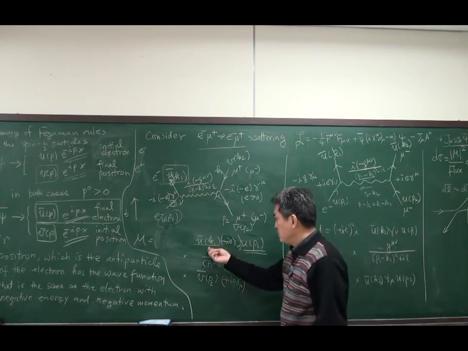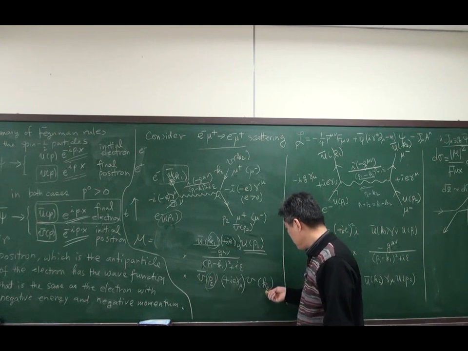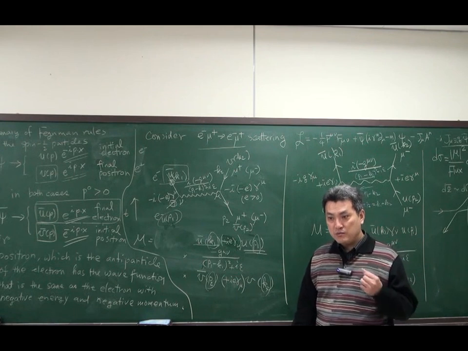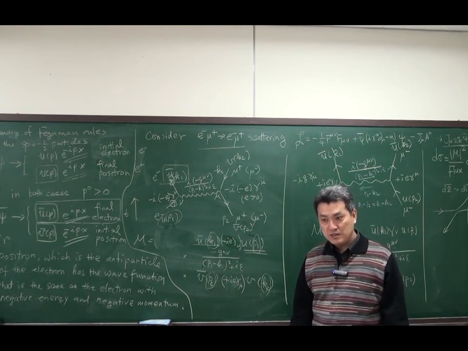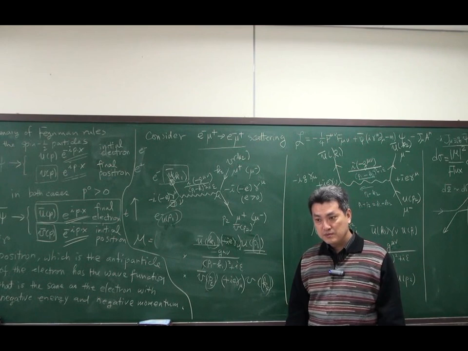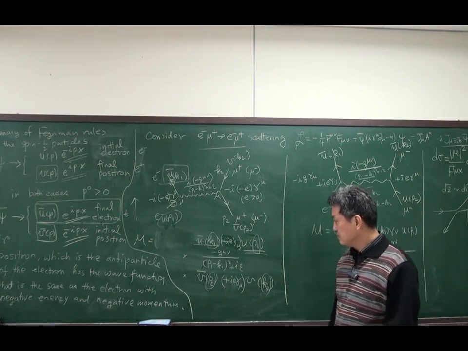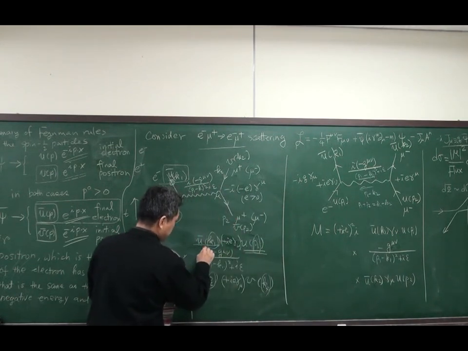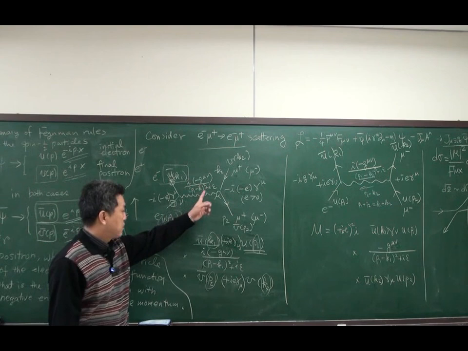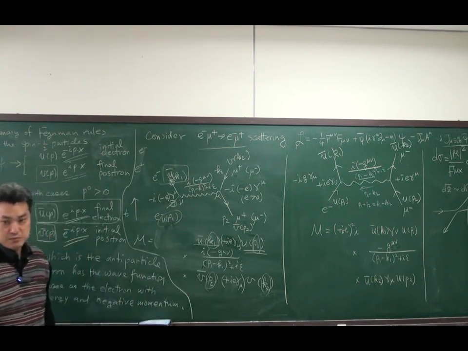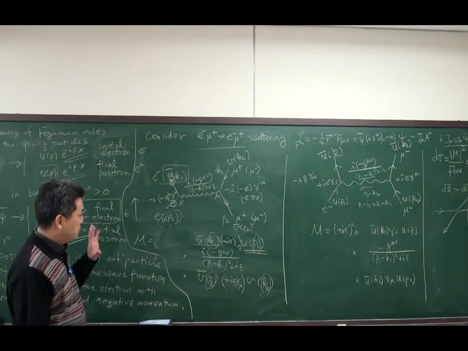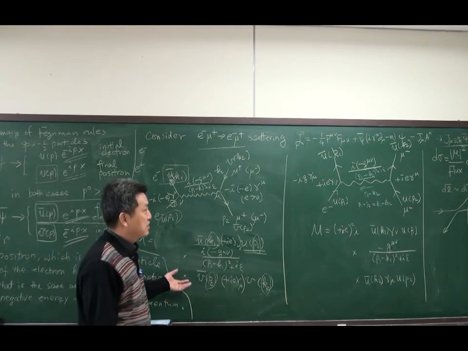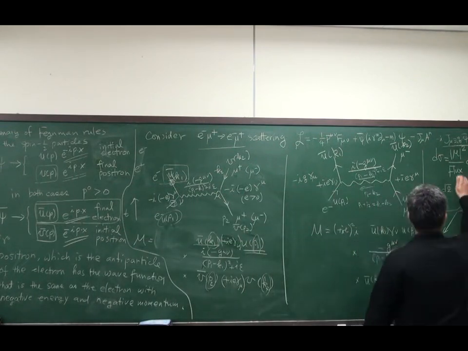Remember, this momentum, everything appearing in this expression, has positive energy, right? And we have the photon propagator. So this is the invariant amplitude. So what you do is just make use of the Feynman rules to construct the invariant amplitude and square the invariant amplitude.